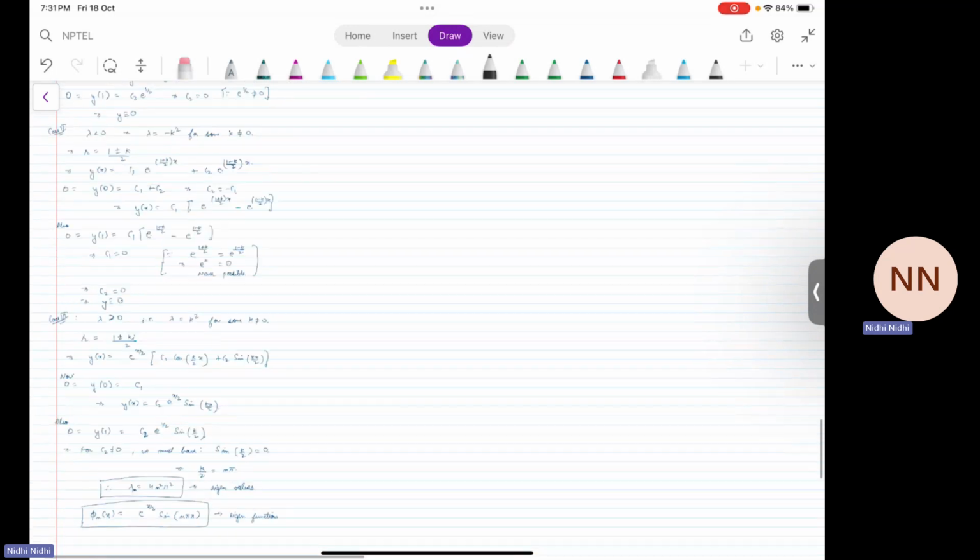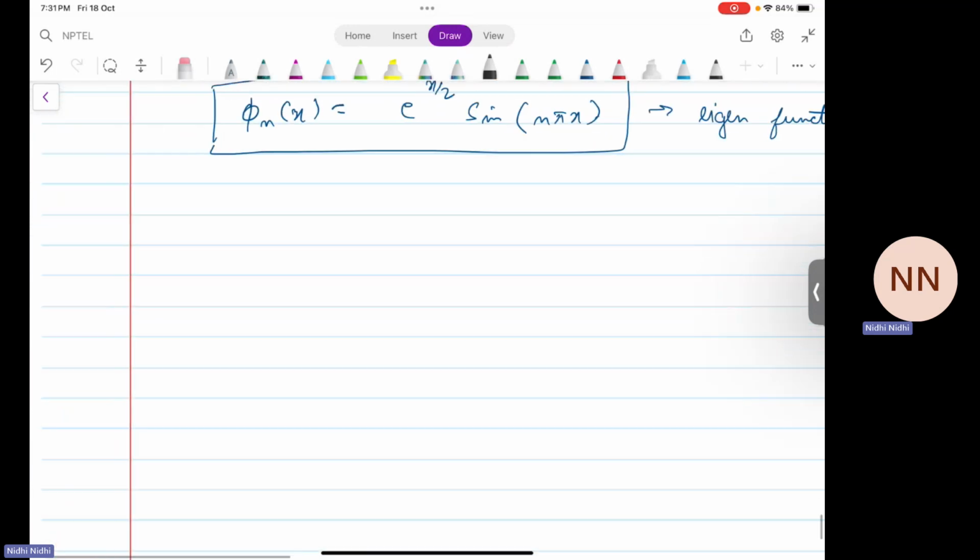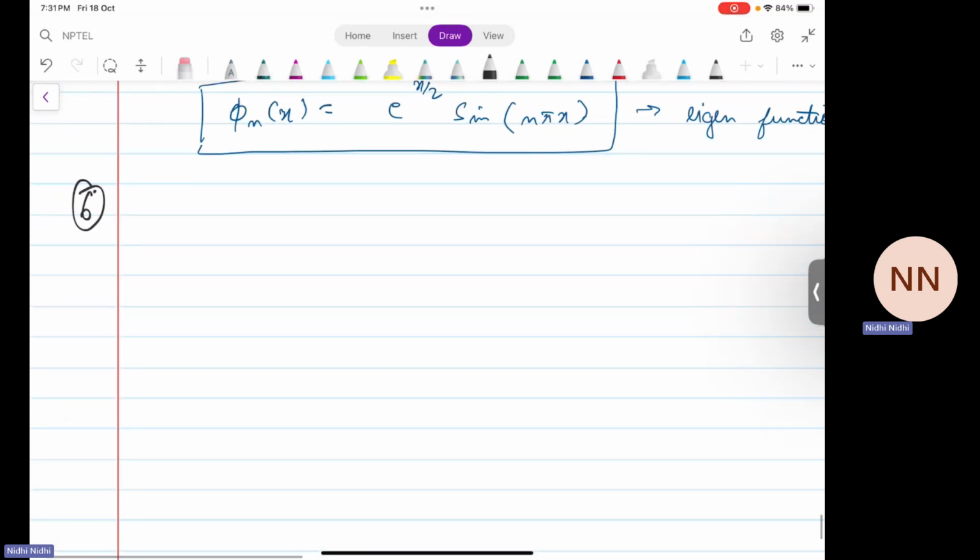Question number 6. Reduce the partial differential equation uxx minus 4uxy plus 4uyy equals 0.